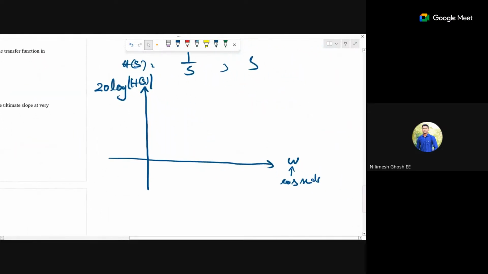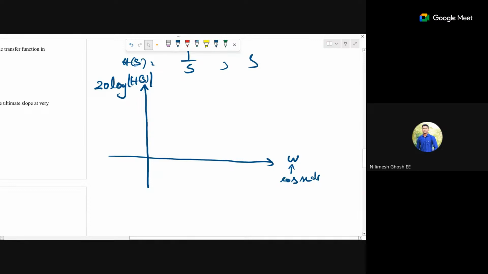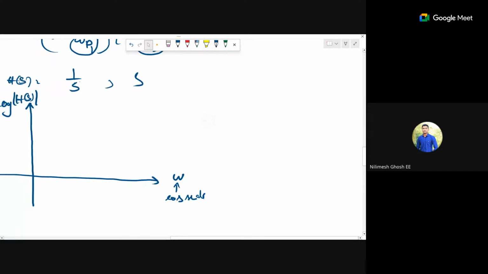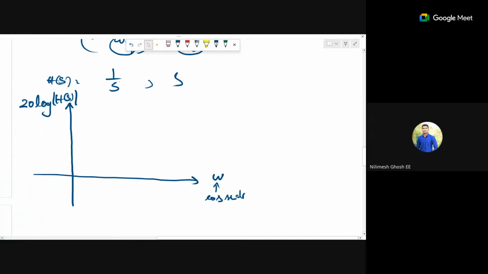Now a pole contributes minus 20 dB per decade in the Bode plot, and a zero contributes plus 20 dB per decade. So what will be the slope of this one? It will be minus 20 dB per decade. Decade means multiples of ten. Why decade? Because this log base is 10, right?